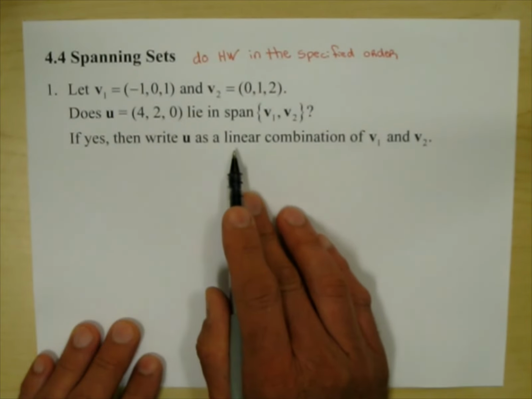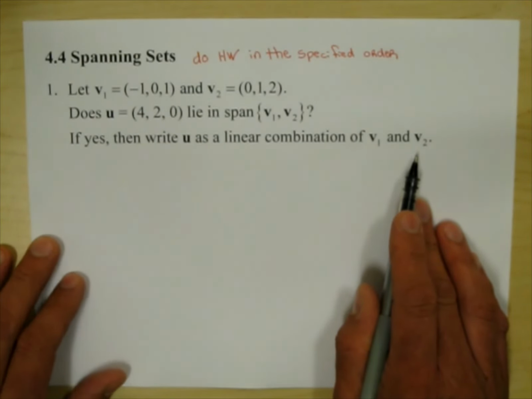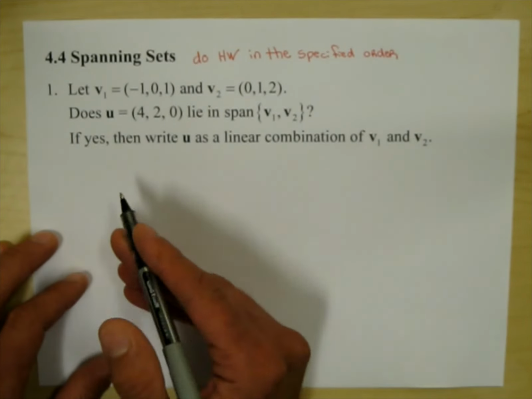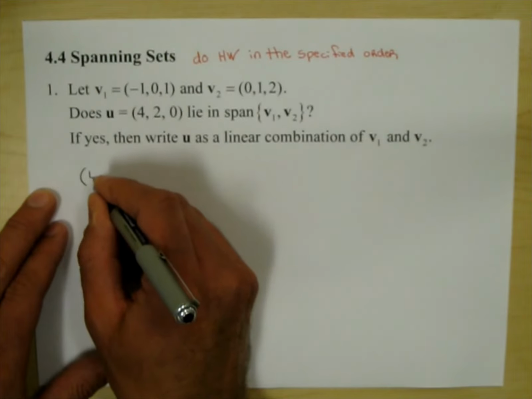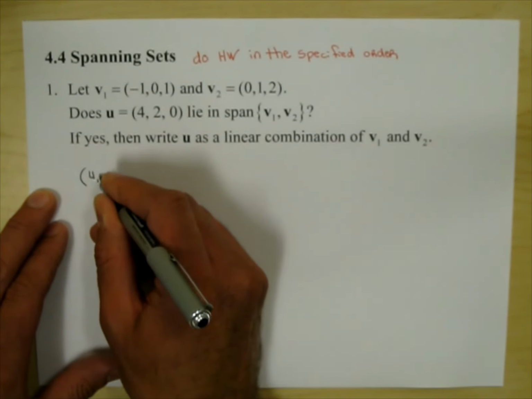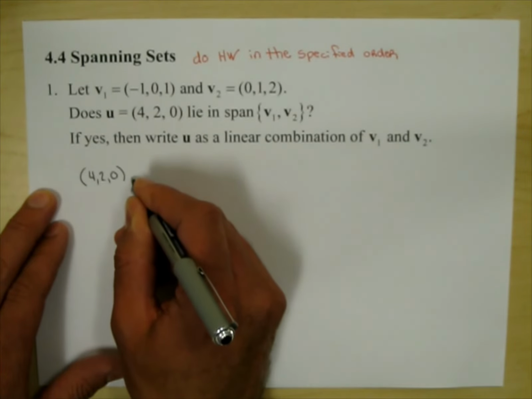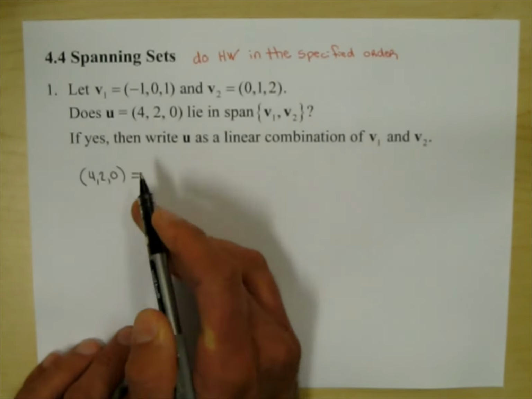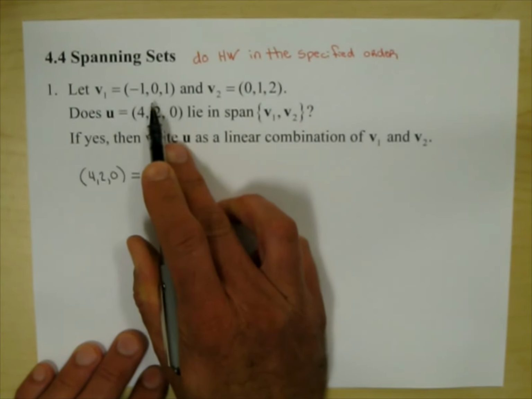If yes, write U as a linear combination of V1 and V2. So to check to see if this lies in the span, it's new vocabulary, so it does feel weird. You try to see if you can write this vector as a linear combination of V1 and V2.